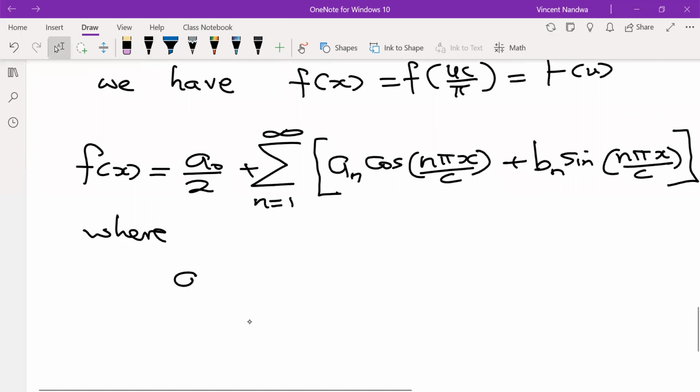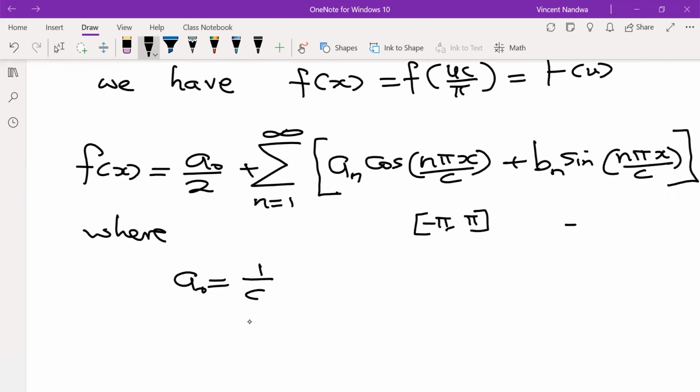a naught will be given by 1 over c. Remember, we are moving from minus c to c, the interval post Fourier series definition of x already known.